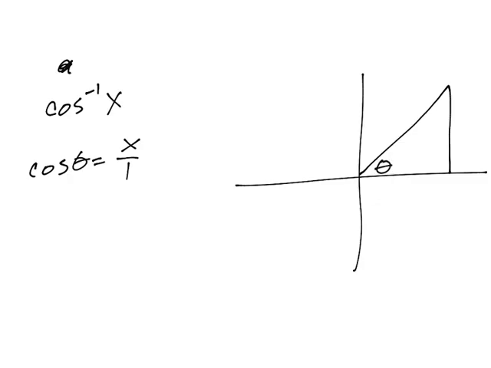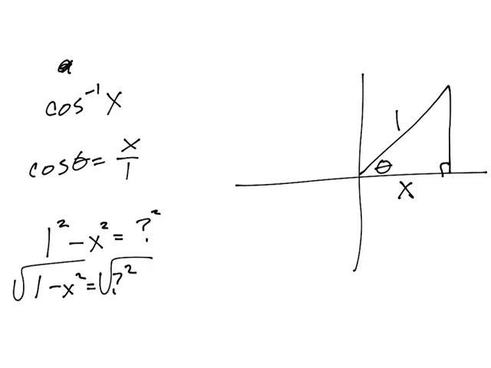If my angle is theta, cosine is adjacent over hypotenuse. To find the other leg of my triangle, hypotenuse squared minus the side squared gives me the other side squared. So 1 minus x squared equals something squared. I square root both sides, and my missing side is the square root of 1 minus x squared. That's going to be important.